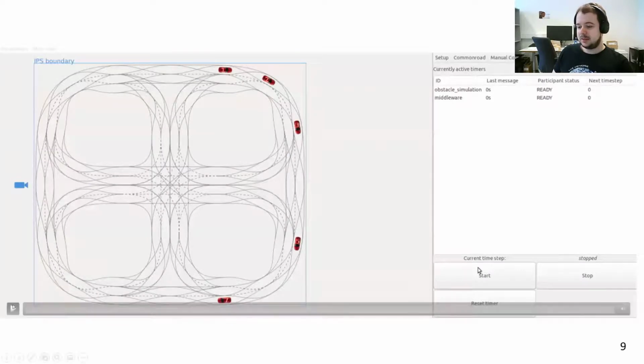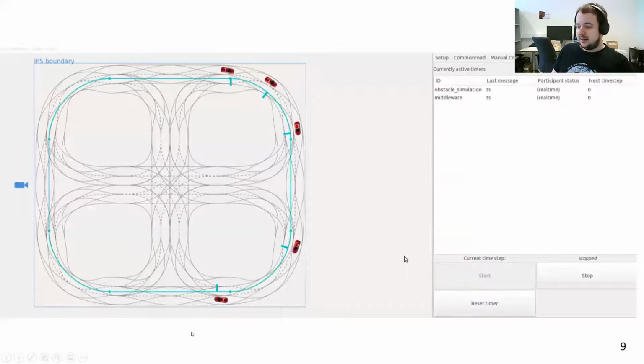So here we have the simulation. As you can see, the vehicles form the platoon quite well. And now after a distance, they will start accelerating.